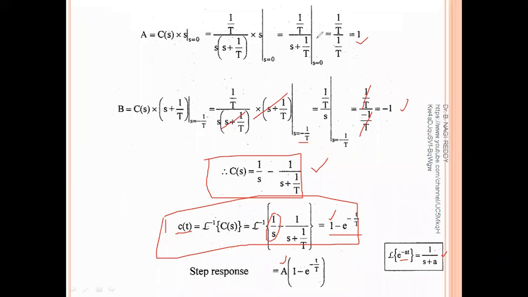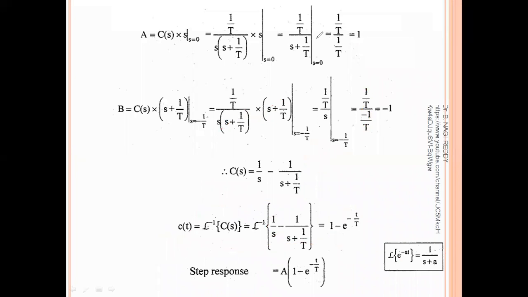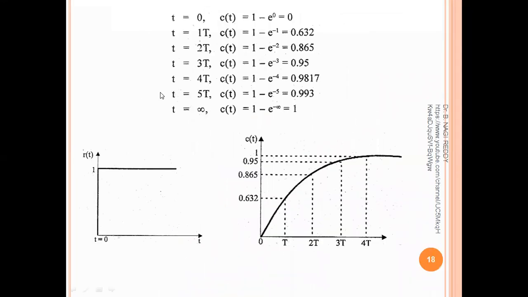So this is our final equation, but what we have to do is plot the equation. What we have got is the output response, which is C of t, and we need to plot that equation. In order to plot the equation, we must have a few values so that we can plot a graph like this.